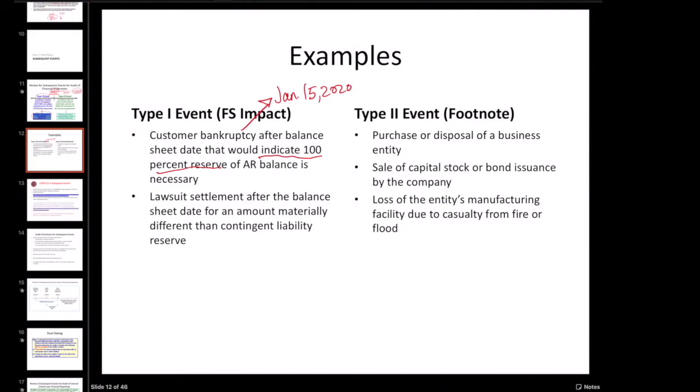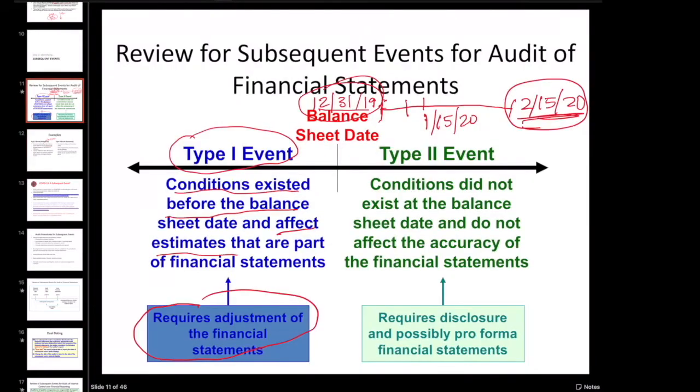So it's like, hey, hindsight is 2020, and you're able to correct your financial statements. Remember, the reason you're able to do this is because your financial statements and your 10K haven't been issued yet. So this is our 10K issuance date / audit opinion date.